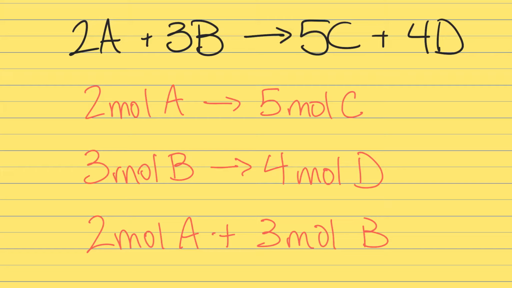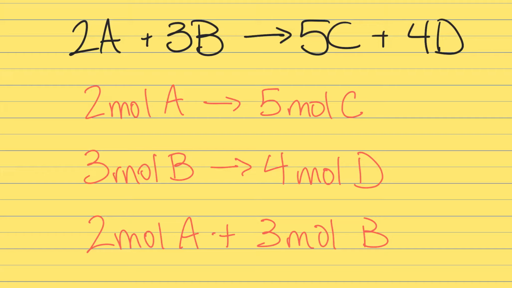So what I've given you here are just some stoichiometric relationships between the variables that we find in this chemical equation, but there are others, okay? For example, there's 5 moles of C for every 4 moles of D that you produce. You could even say that 4 moles of D is produced for every 2 moles of A that you use, okay?